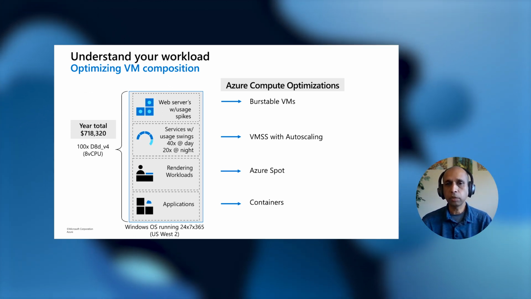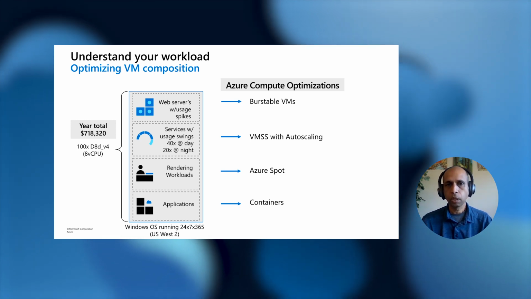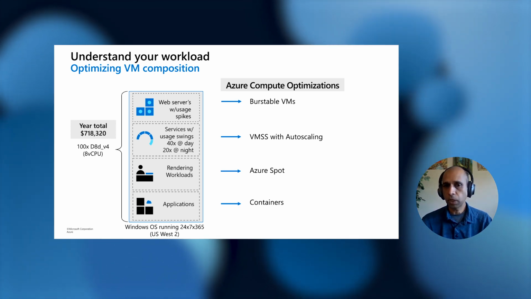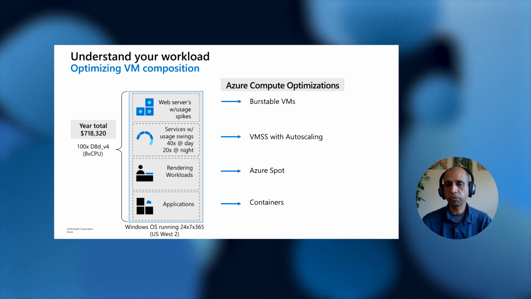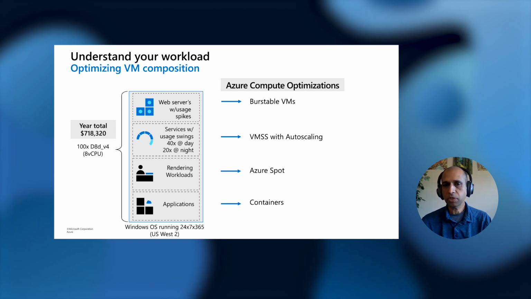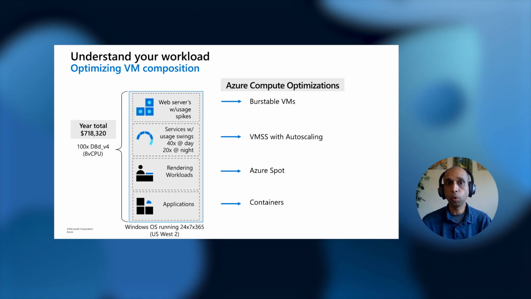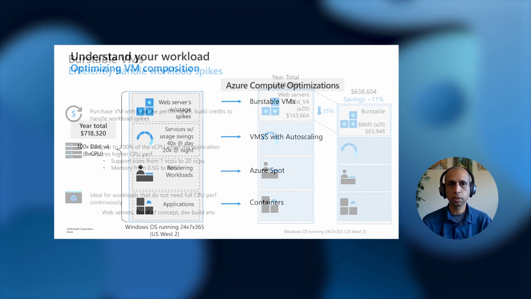Here, I've picked an 8 vCPU virtual machine of the D families. These virtual machines, I'm assuming, are running 24/7, 365 days a year. You'll see as we progress through the session how you can layer in some of the compute optimizations that you see on the screen to lower your total costs.